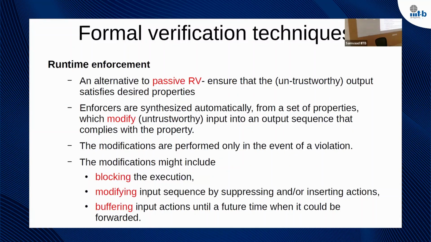What modifications are done by the enforcement monitor? In case of violation, the execution can be blocked, or it can be changed to satisfy the property, or it can just wait for newer events to come so that later it can satisfy the property, and then it will be released. These are the various actions which the enforcement monitor can perform.